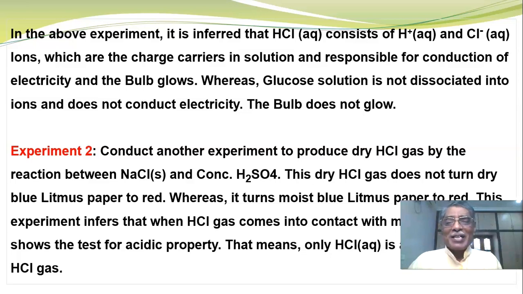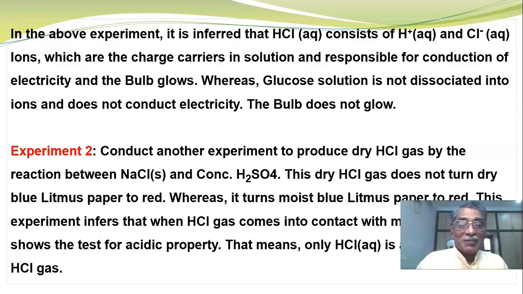Let us do another experiment. Conduct an experiment to produce dry HCl gas by carrying out the reaction between solid NaCl and concentrated H2SO4. This dry HCl gas does not turn dry blue litmus paper to red, whereas it turns moist blue litmus paper to red.